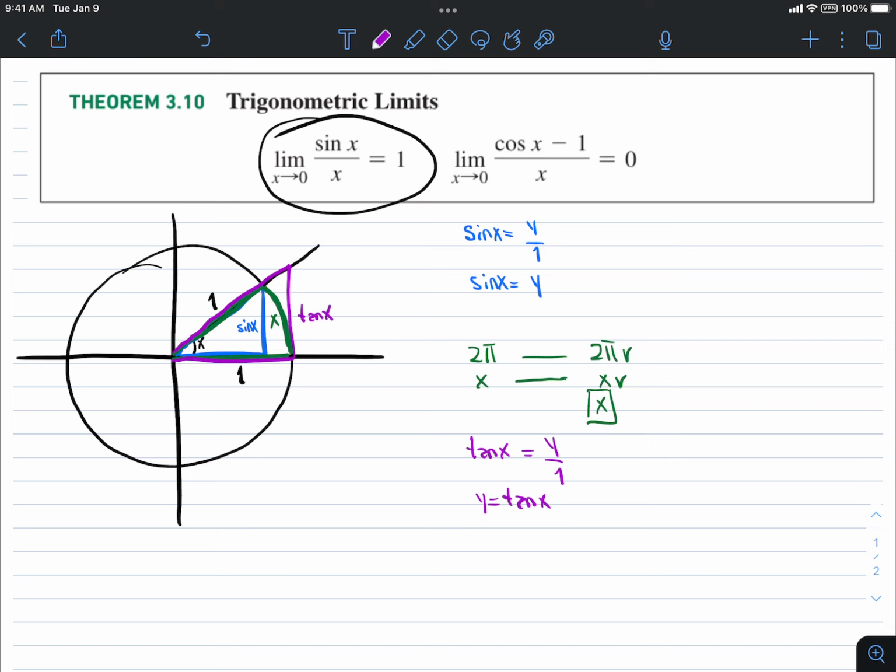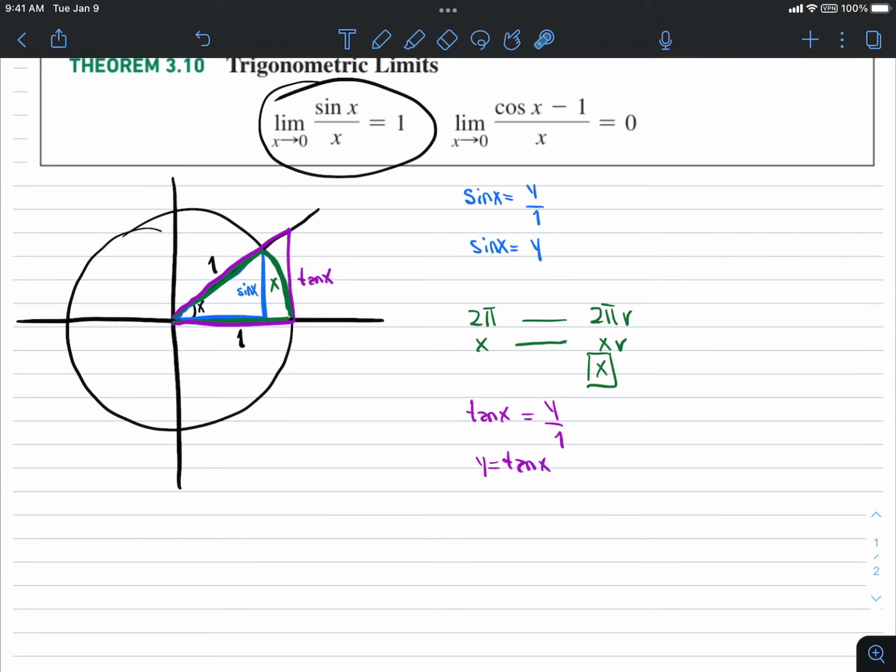Okay, so how does that help me? So let me go back to blue. What I can see then, sorry, let me do this slowly. This is the bigger of the three lengths, this is in the middle, and this is the shorter of the three lengths. So that means the tangent of x is the biggest, the sine of x is the smallest, and then x is in the middle. So that is what I have.